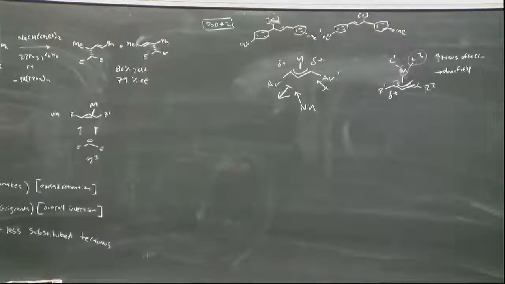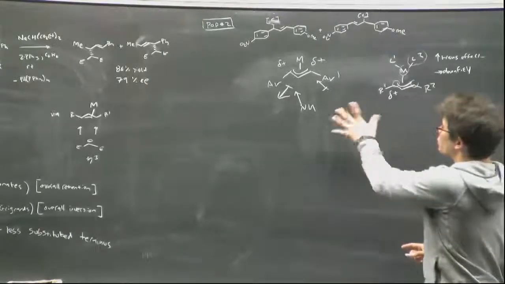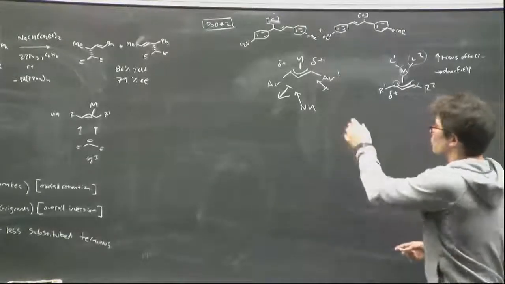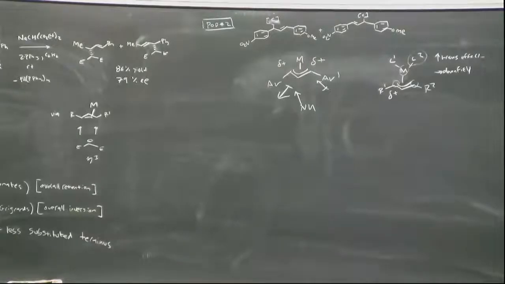And so I think that these two principles also, when viewed through the lens of the substitution pattern and the steric effects of that substitution pattern, really allow one to make educated predictions about the site of the regioselectivity of these allylic substitutions.